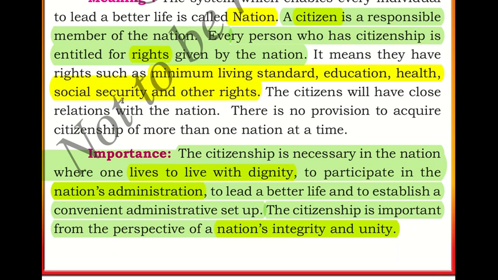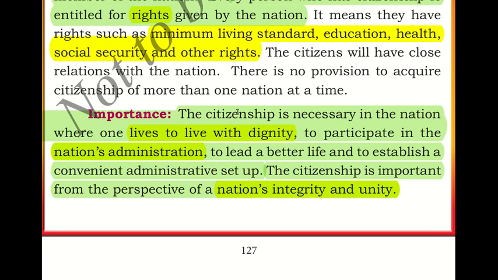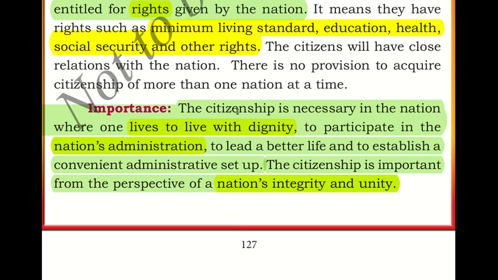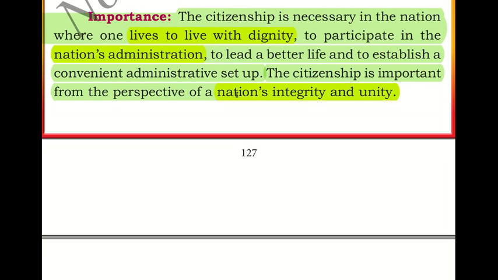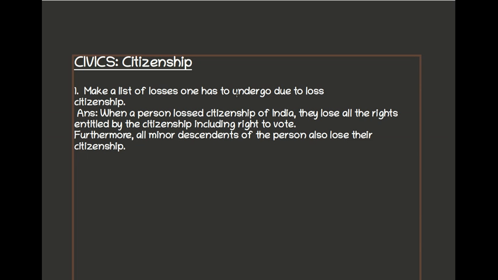So the rights here, such as minimum living standard, education, health, social security, and other rights, will no longer be entitled to that person after they have lost the citizenship of our nation. Furthermore, any minor descendants, that is, any minor children of that person, if they have acquired citizenship of India through that parent, then they will also lose citizenship of the country along with their parent who has lost the citizenship.